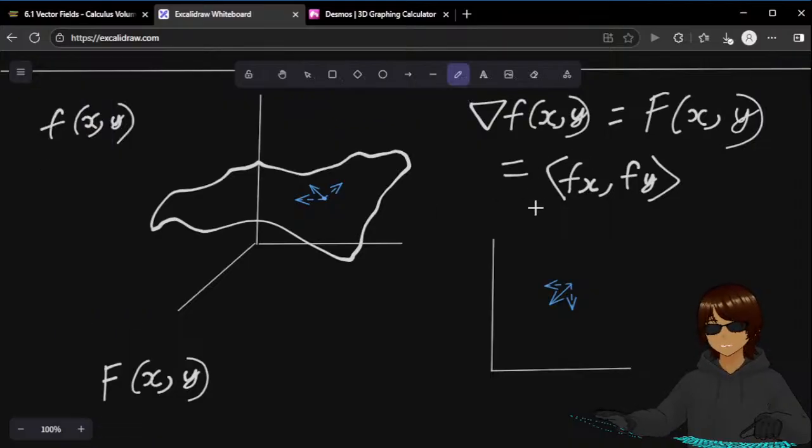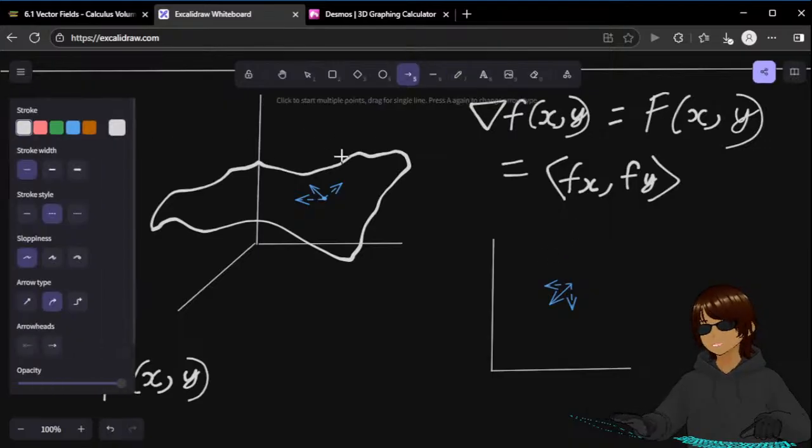I can draw this on the xy plane itself, and each vector on the xy plane gives the gradient of f. Gradient of f at this xy point, gradient of f at this xy point, gradient of f at this xy point.